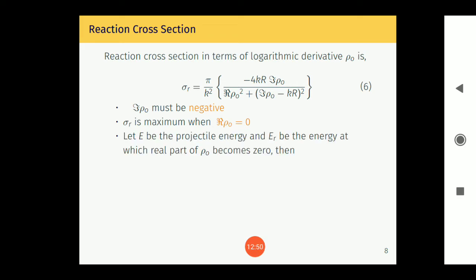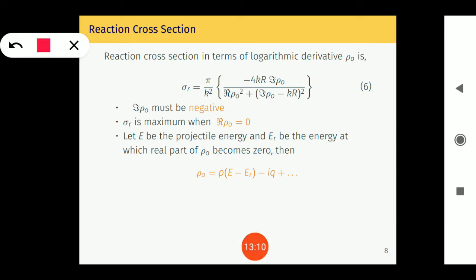This is denoted as ER, the resonance energy, at which the real part of rho naught becomes 0. If E is the projectile energy, then rho naught can be expressed in terms of a series as rho naught equals P times E minus E naught minus i Q plus so many other terms. Now look at this expression. Rho naught is a dimensionless quantity.